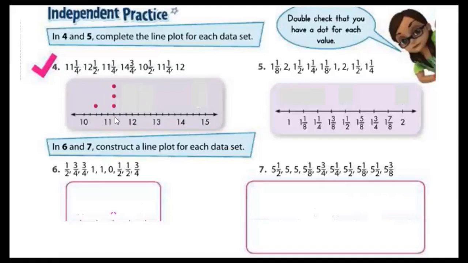So I'm going to represent 11.25 in this dash by 3 bolded dots. Why didn't we draw these 3 bolded dots over 11? Because we represent 11 and 1/4. So I have to move between 11 and 12. So just one part over 11 and draw 3 bolded dots over it.